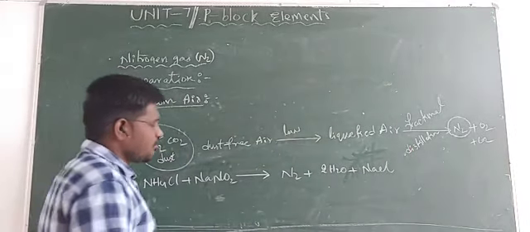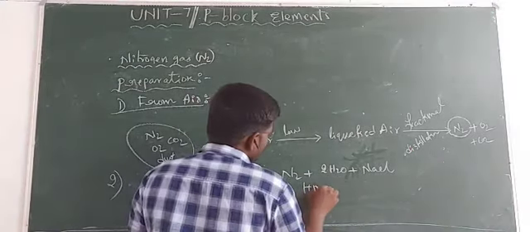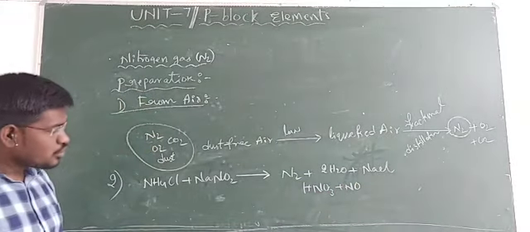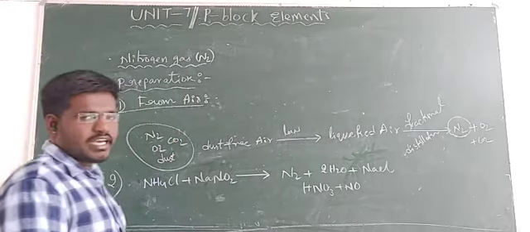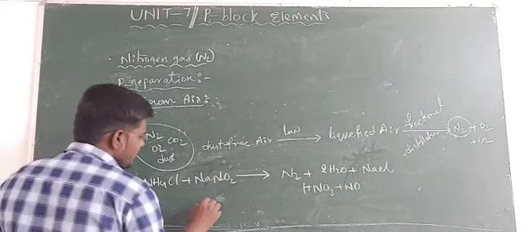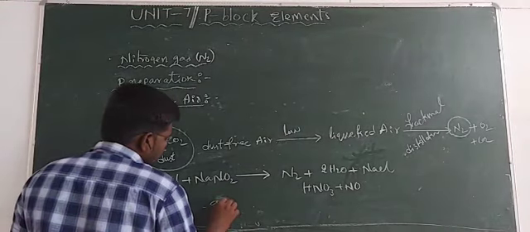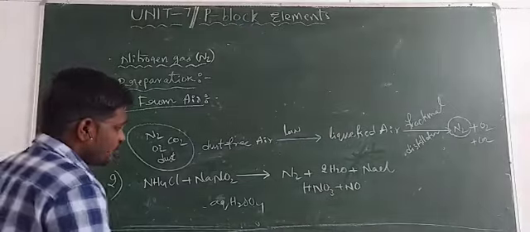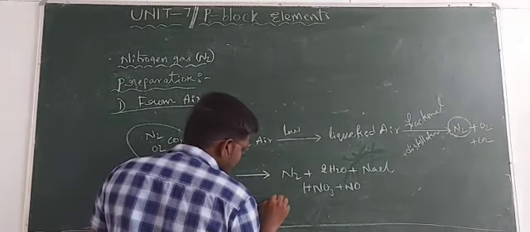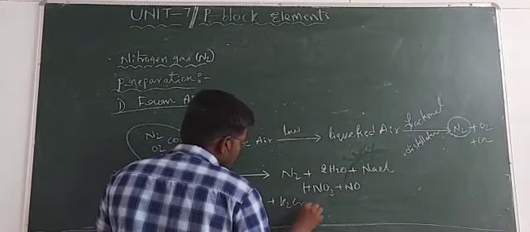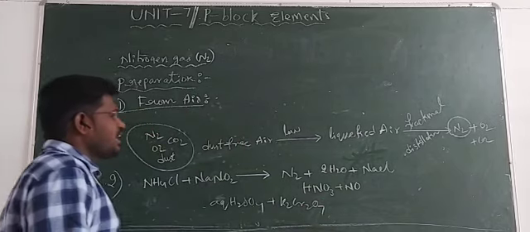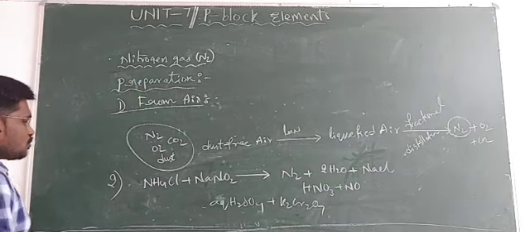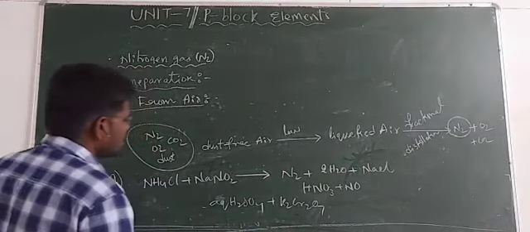We also get a very trace amount of HNO3 and NO. To remove these impurities from the nitrogen gas, we treat it with aqueous sulfuric acid, H2SO4, containing K2Cr2O7, and it will be purified. So this is the second method of preparation of nitrogen gas.